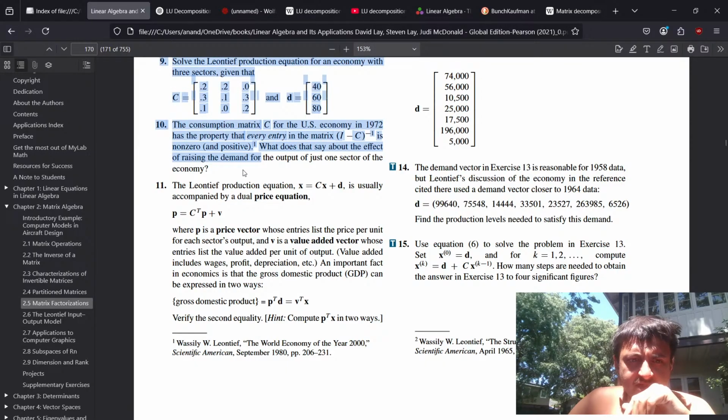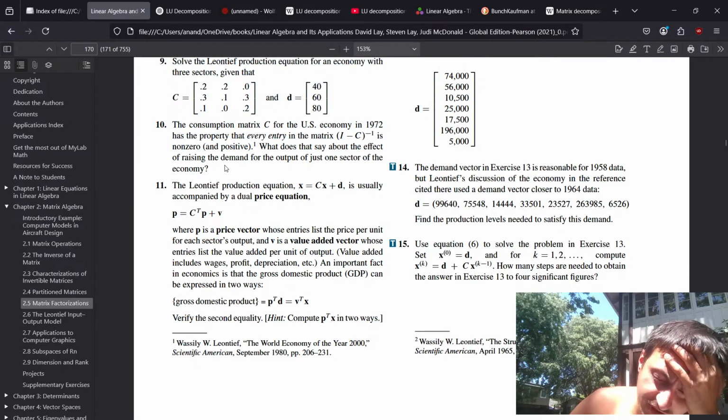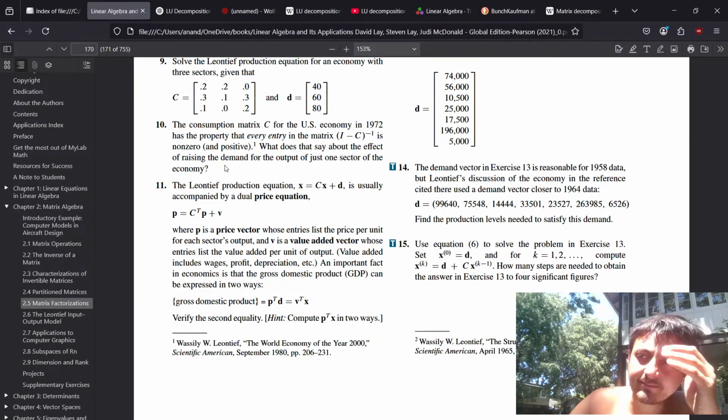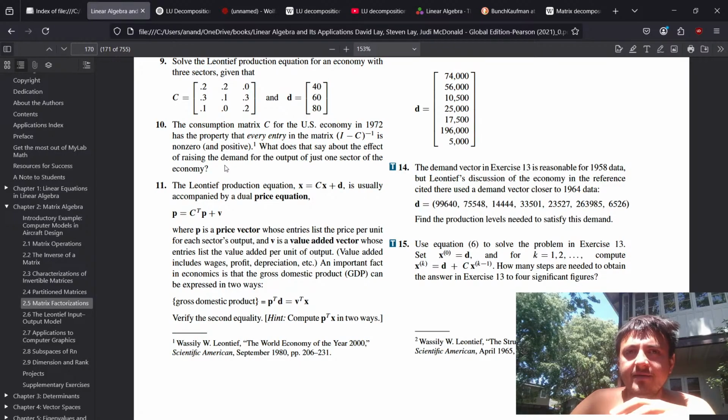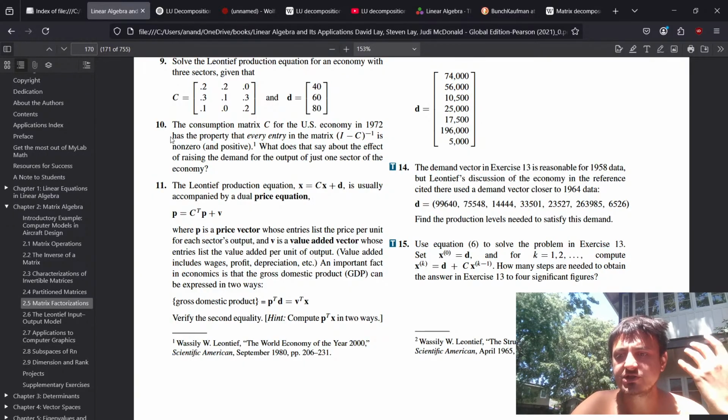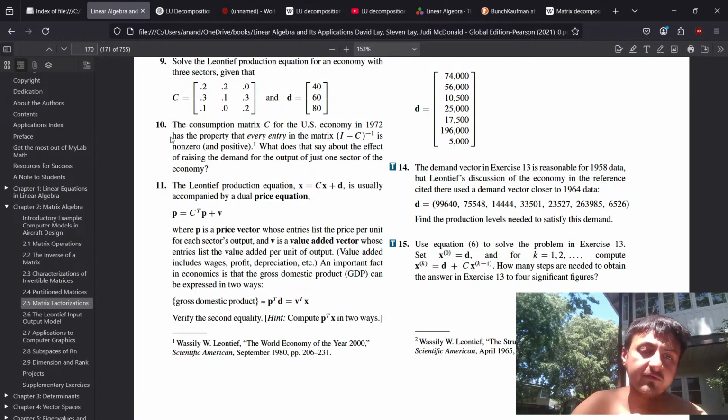Raising the demand for just one sector means that it's fully connected, I think is what that means. I'm going to ask ChatGPT, but I'm pretty sure that means that for any given sector, if you want to produce more of that sector, you're going to need more of every other sector, including itself.